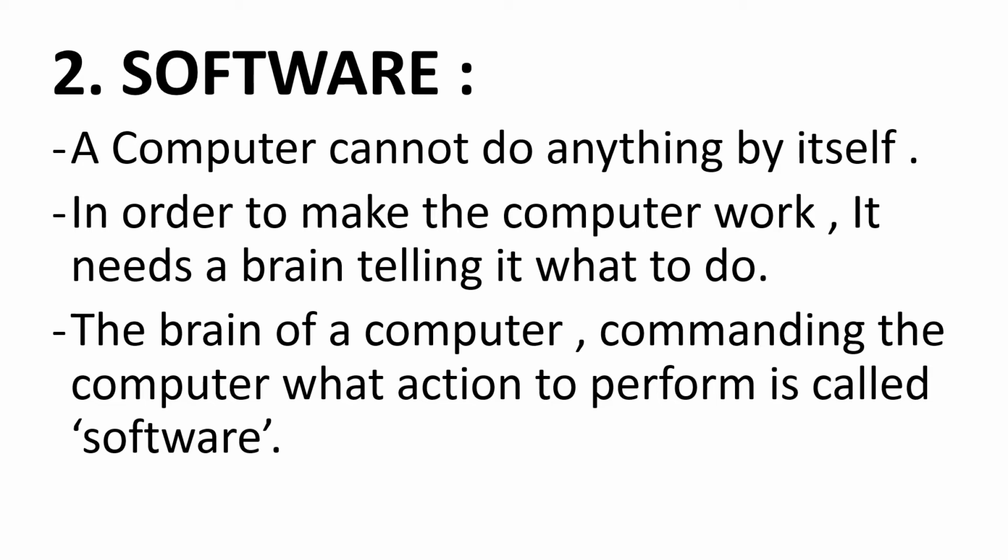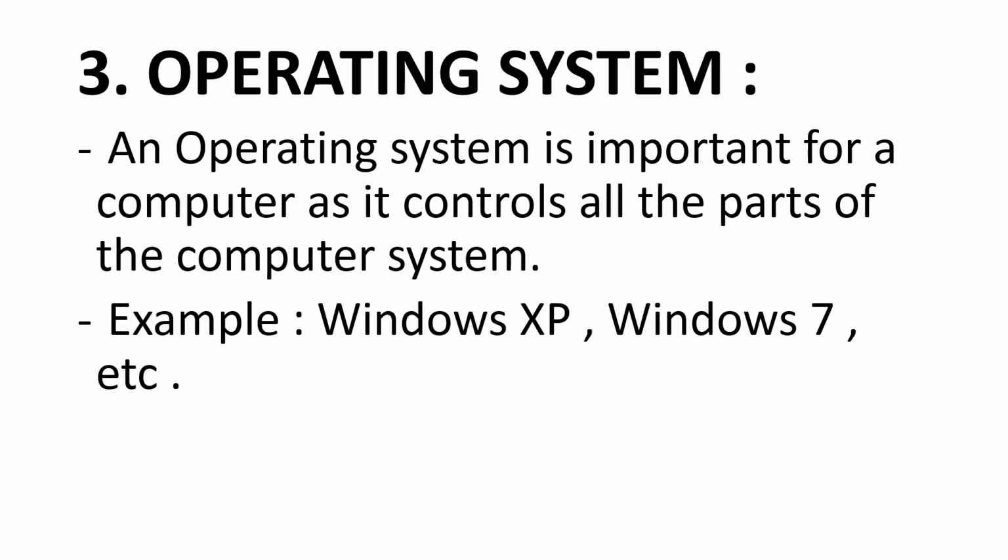Fine. So moving on. Now the third topic that we are going to see is the operating system. An operating system is very important for the computer. Without an operating system we cannot perform any task on the computer. Okay, an operating system is a system that controls all other parts of the computer system. All the parts of the computer system are controlled by the operating system.